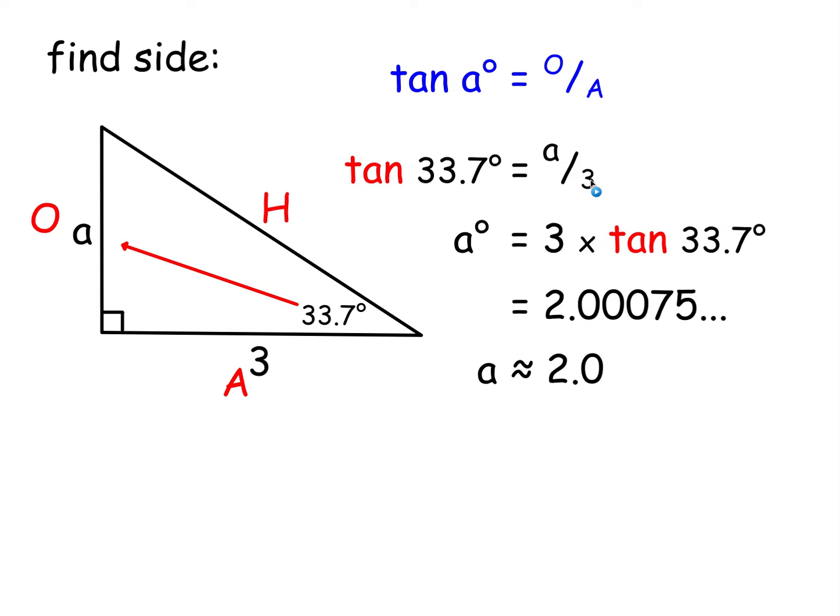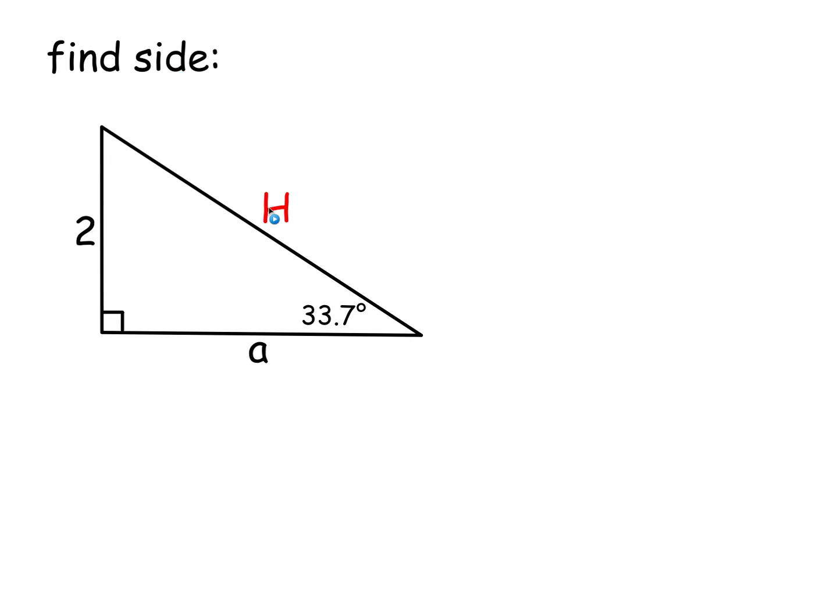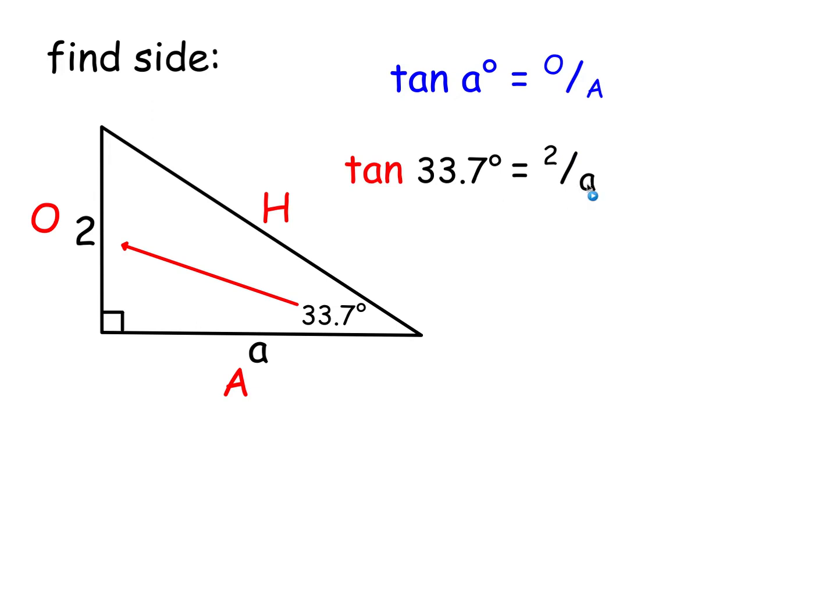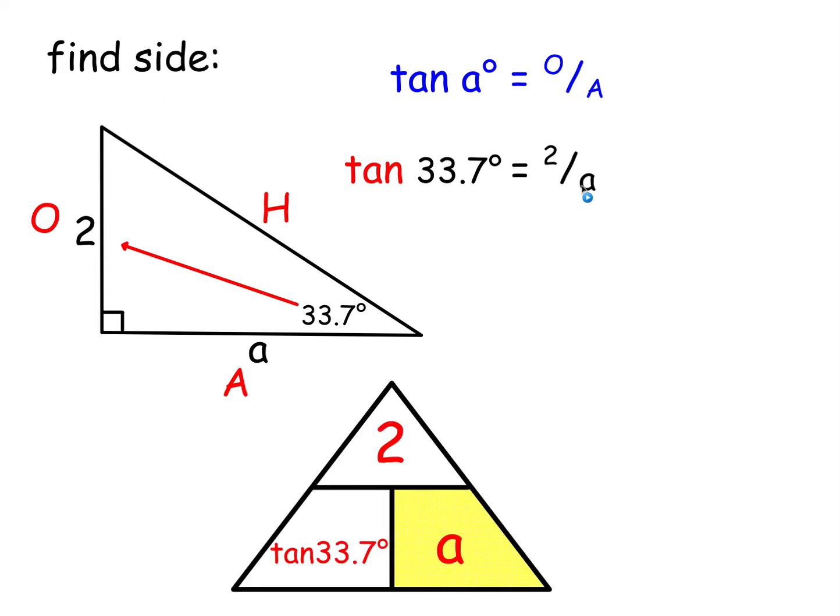So that's find the letter with the letter in the top of the fraction. Take the bottom number of the fraction up to multiply the other side. And the final third case was after labelling the sides, identifying its tangent. Tan 33.7 is opposite 2 over adjacent A. This time the letter's in the bottom, a bit more awkward to solve. So, as in physics, where you turn around a formula using a little triangle like this, here this says tan 33.7 is 2 in the top, A in the bottom.